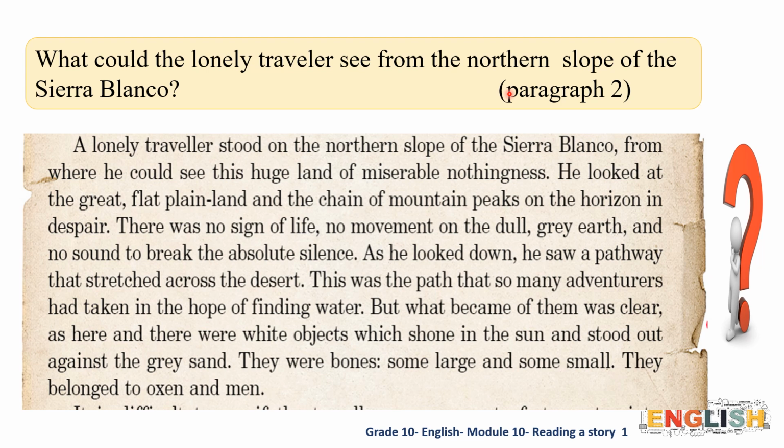From Sierra Blanco? He could see a huge land of miserable nothingness. And where is the clue? Look at the question. What could the lonely traveler see from the northern slope of Sierra Blanco? The lonely traveler stood on the northern slope of Sierra Blanco. From where? Where refers to a place. He could see this huge land of miserable nothingness.